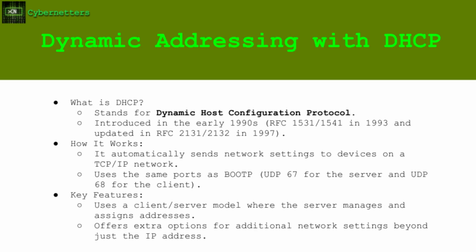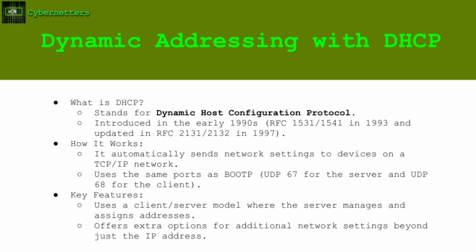Now let's take a look at DHCP, or Dynamic Host Configuration Protocol, which basically takes BOOTP's concept to the next level. Introduced in the early 90s, DHCP automatically sends network settings to devices on a TCP/IP network, and it uses the same ports as BOOTP: UDP 67 for the server and UDP 68 for the client.